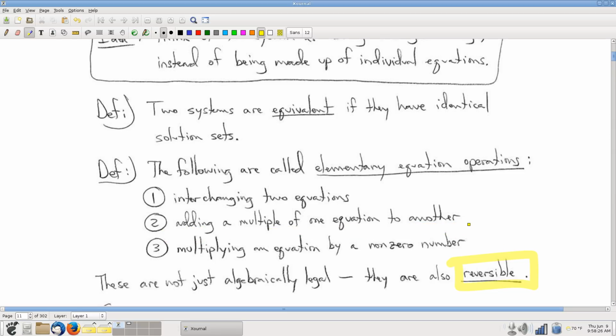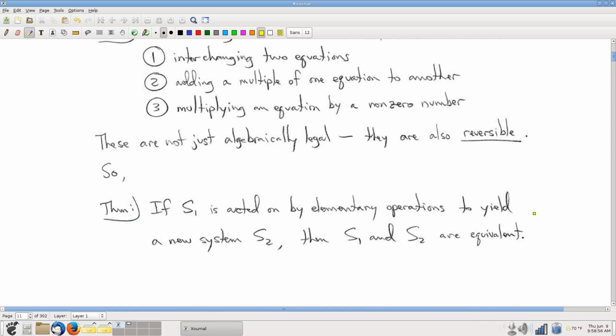And likewise, if you multiply an equation by critically a non-zero number, now it's got to be non-zero, that's an important little note, well, you can divide by that non-zero number, and that's why it's got to be non-zero. You're not allowed to divide by zero. It's the fact that this is non-zero that makes this reversible. Okay. All right, so elementary equation operations are reversible is really the big point.